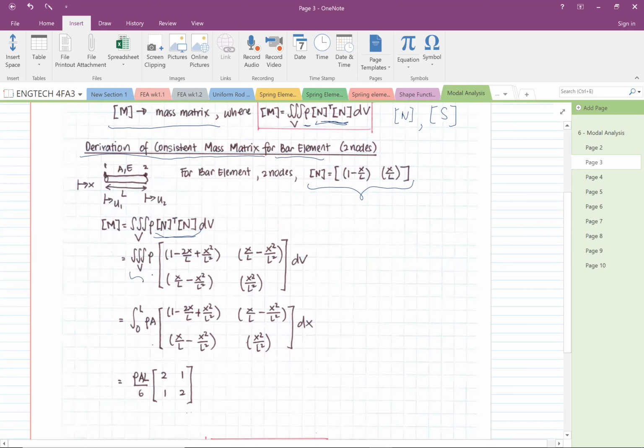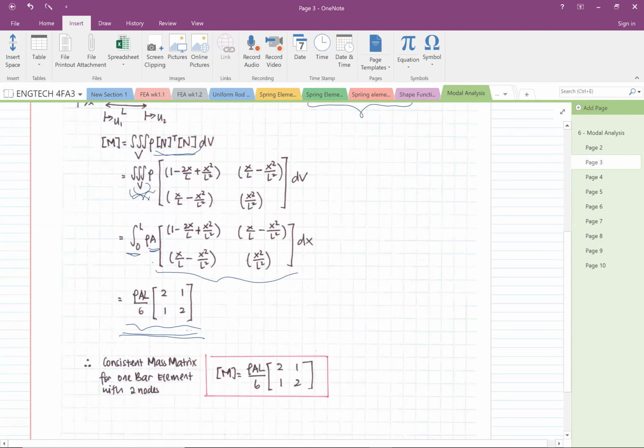You take the triple integral. Here it is a volume integral, but because it's a constant area, we take the integration one time only, from 0 to L. This is the mass matrix for your spring element. Sorry, when I say spring element, it's also the 1D bar element here.